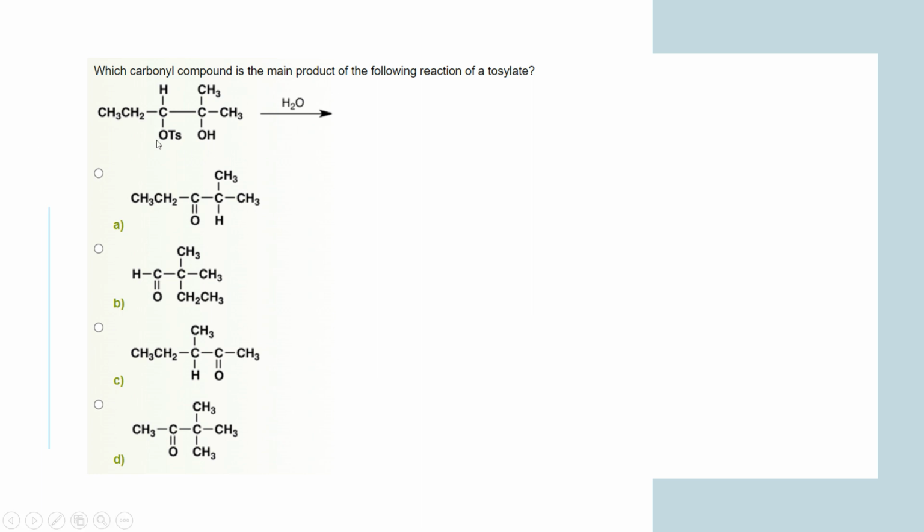Okay, so let us now see that under the pinacol pinacolone rearrangement reaction conditions, what type of mechanism will this particular substrate follow? So what happens, since we have a good leaving group already, in the first step of this pinacol pinacolone rearrangement, protonation of this oxygen will preferably take place.